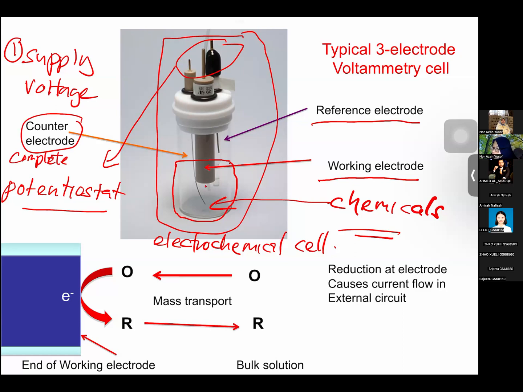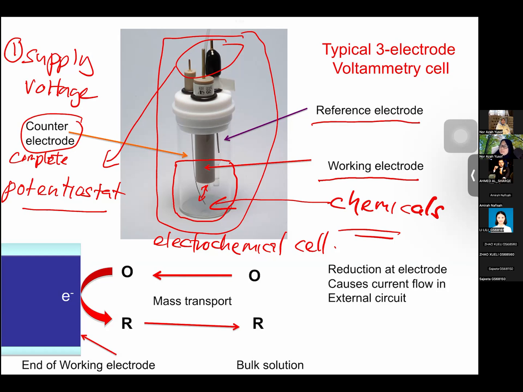Yeah, this is working, and this is counter. Because if we understand about electrical, the circuit has to be completed. You cannot just have incomplete circuit. If there is no complete circuit, then the current will not move. The potential will not move. There will be no current also.